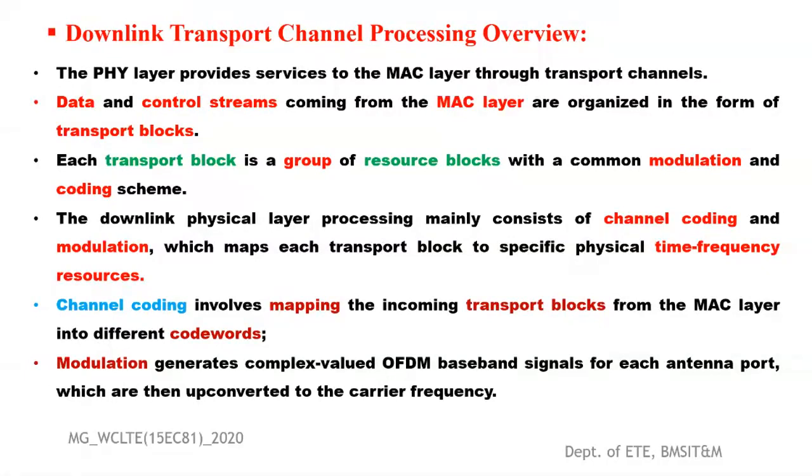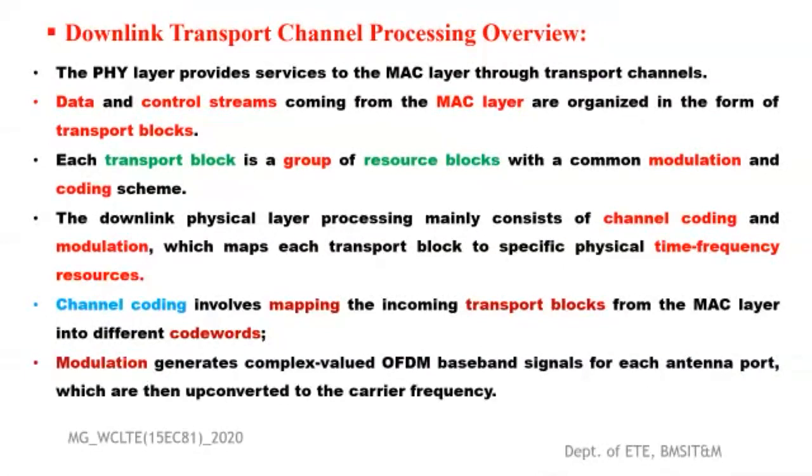This will map each transport block to the specific physical time-frequency resource. Channel coding involves mapping the incoming transport blocks from the MAC layer into different code words. And I hope you are already aware of what a code word is, which you have studied in ITC, right?